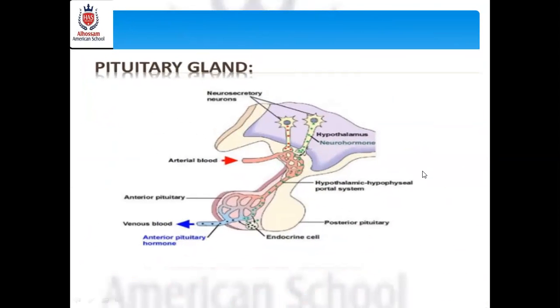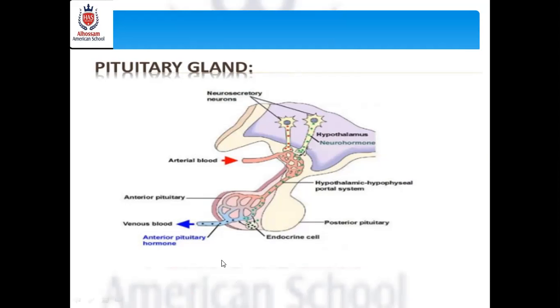So by now we understood that we have different glands inside my body. These glands release hormones. As long as the amount of hormones released is adequate, they control the body in a good way, unless it increases or decreases in an abnormal way. Who is the boss of these glands? As I told you, it's the pituitary gland. It's found in the brain, okay?